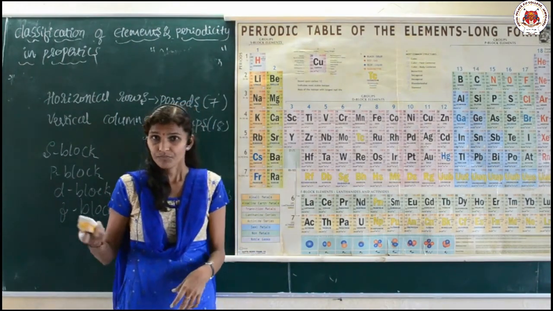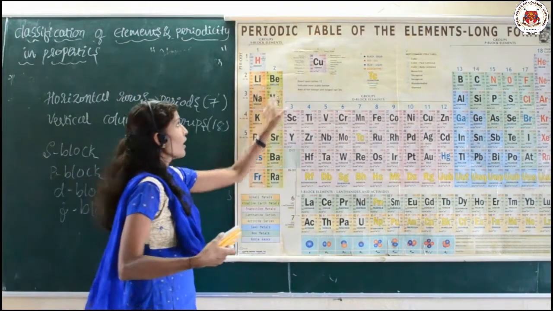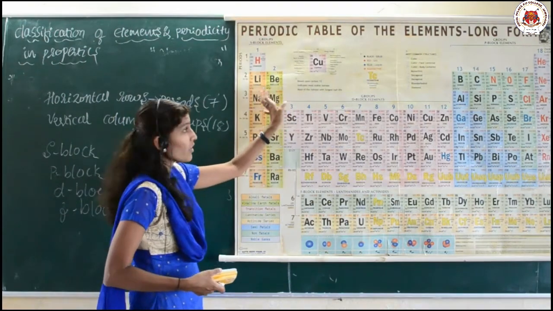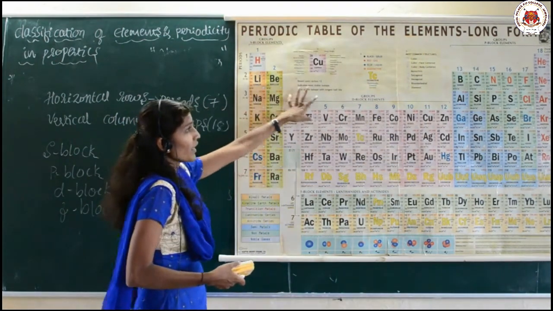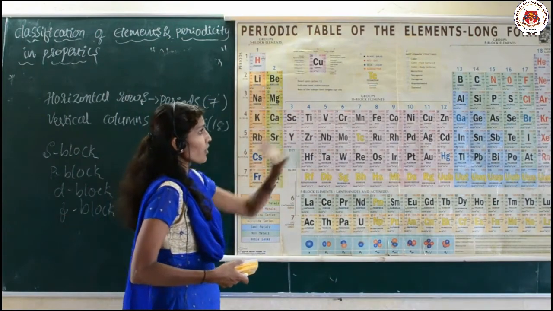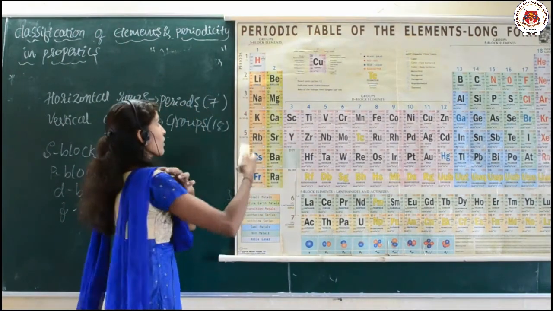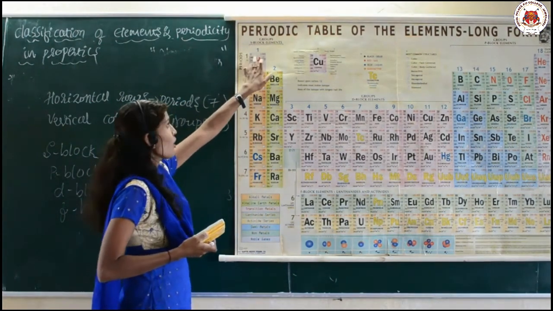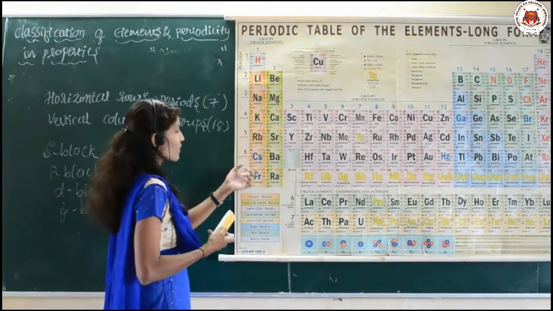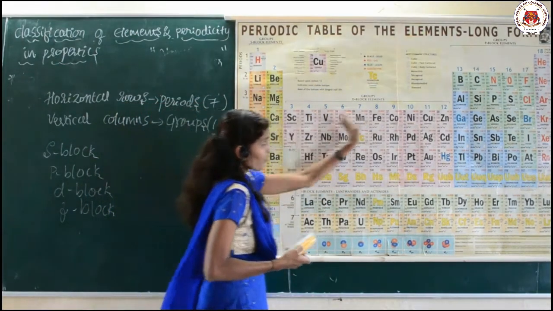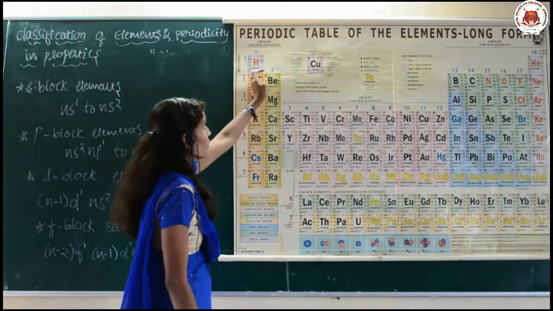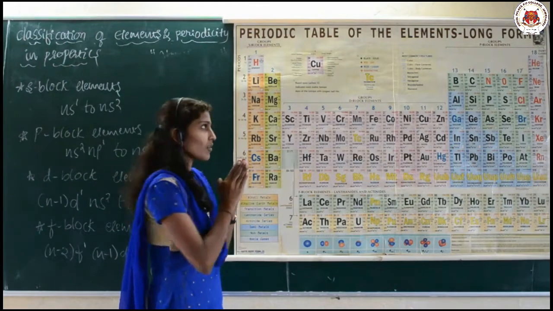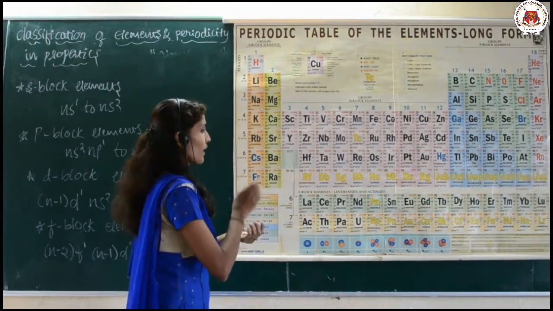And then here we are going to take the vertical columns. There are 18 vertical columns, and these vertical columns are called groups. See here, they have mentioned the periods here 1, 2, 3, 4, 5, 6, 7. So here it is the long form of the periodic table, consisting of 18 vertical columns.